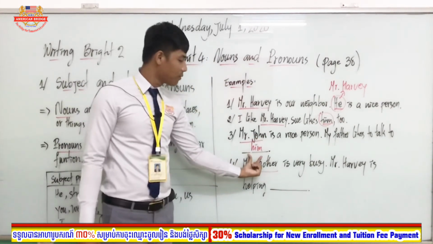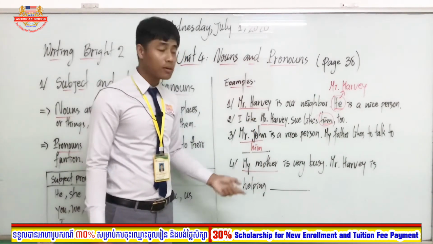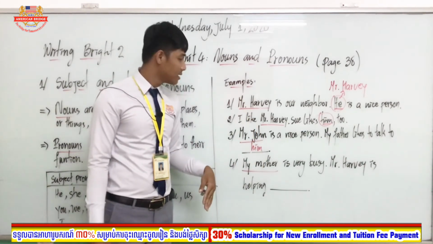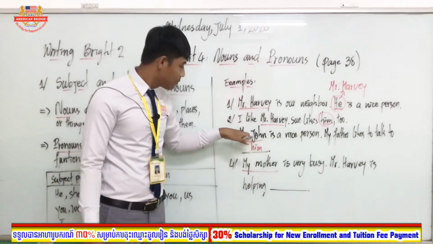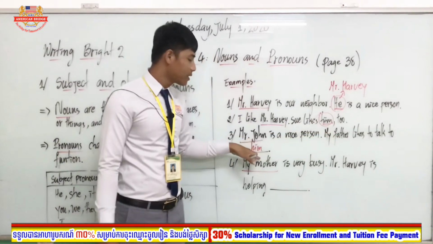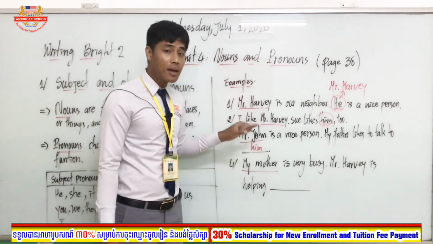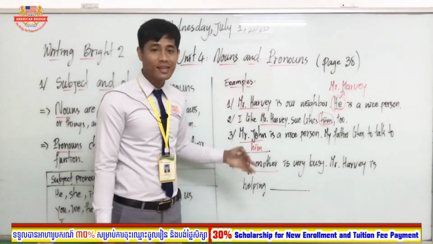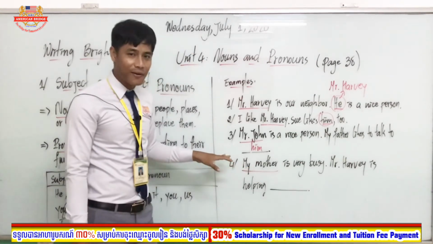Because the function over here is an object, that's why we use him to replace. To replace what? Like to talk with him. Who is him over here? Mr. John, right? My father likes to talk with Mr. John. We can say it like this, but we don't because we can use pronouns to replace nouns. Now you got this, everyone?